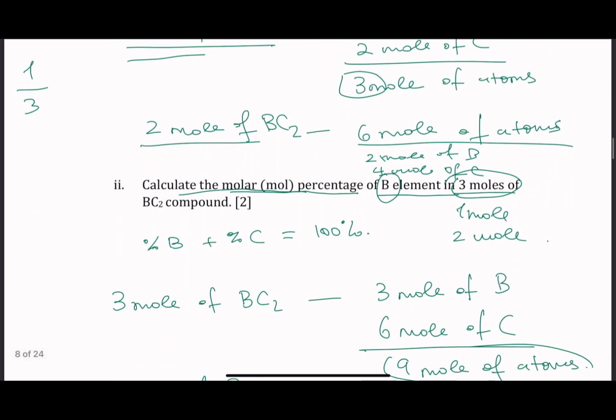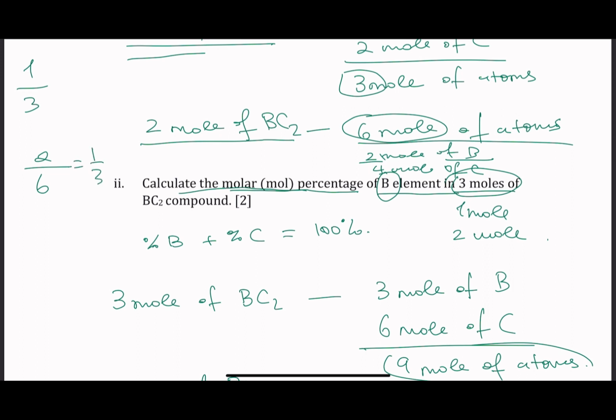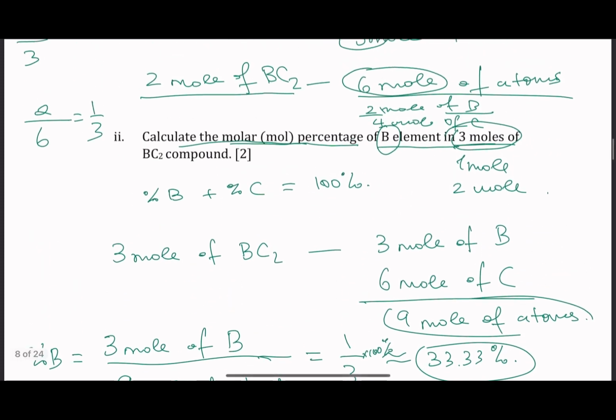Now let's check out 2 moles of BC2. You got altogether 6 moles of atoms, and then how many moles of B you have? 2. It would be again 1 over 3. And over here, 3 over 9, it is 1 over 3. So the molar percentage doesn't change with the moles. Okay?